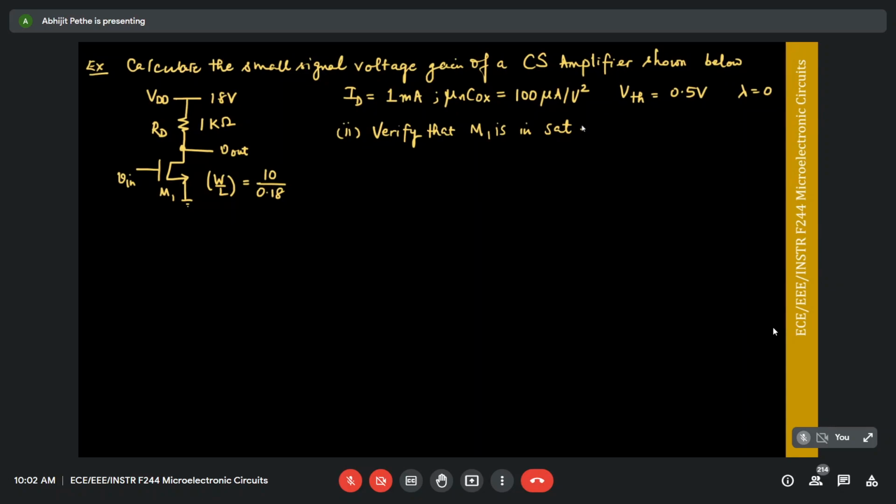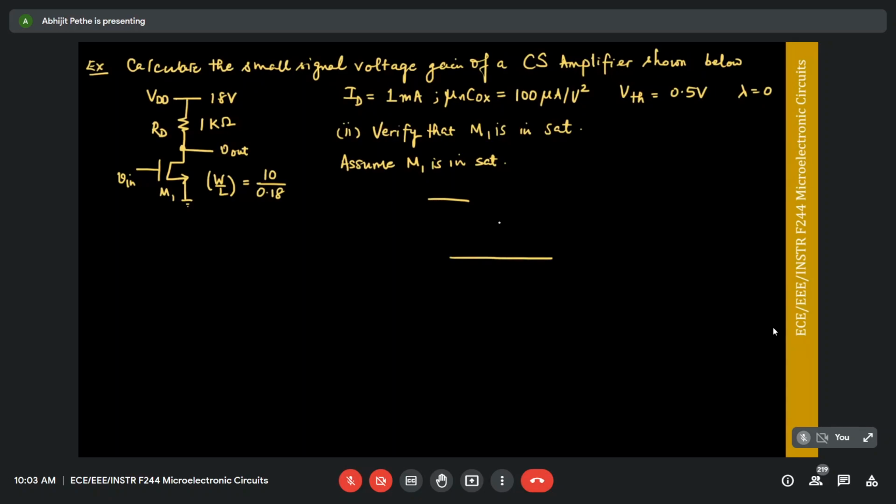Okay, so we know that lambda is equal to 0. So let's first draw the small signal model of the circuit. Again, let's first assume that M1 is in saturation. If M1 is in saturation, let's replace M1 with its small signal model.